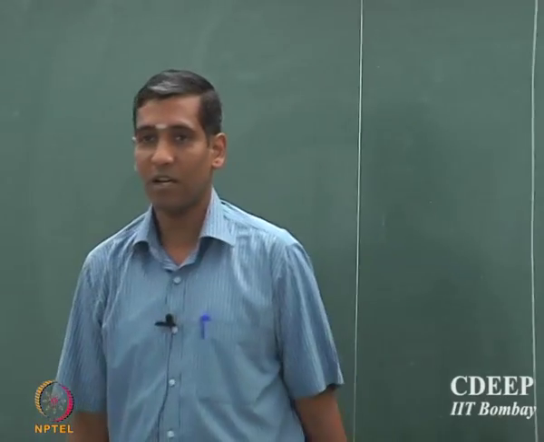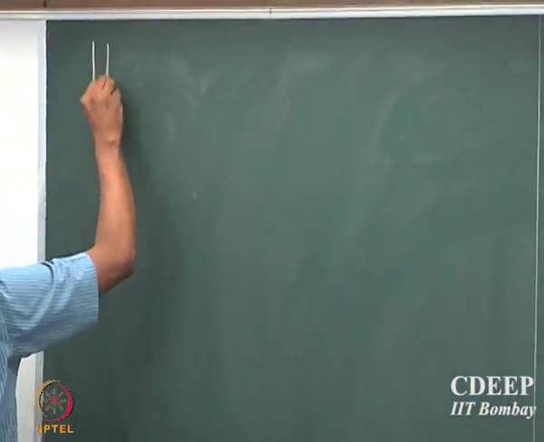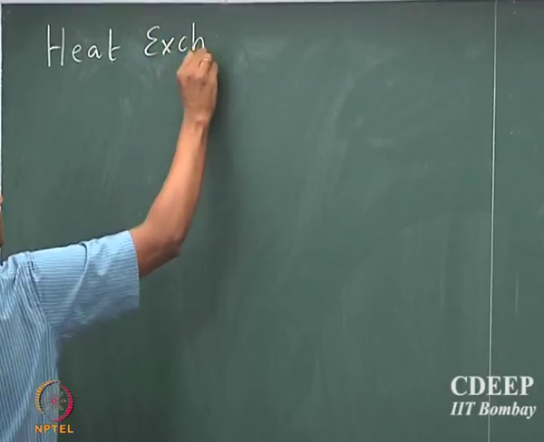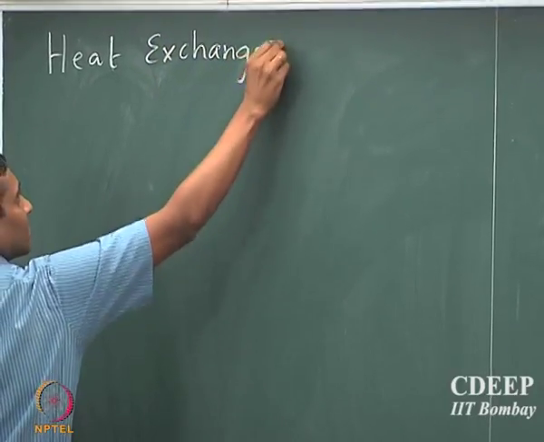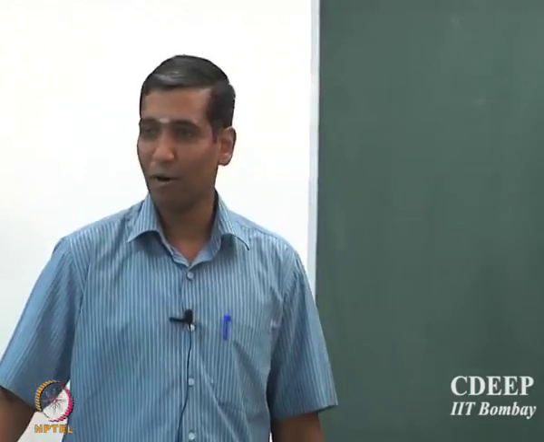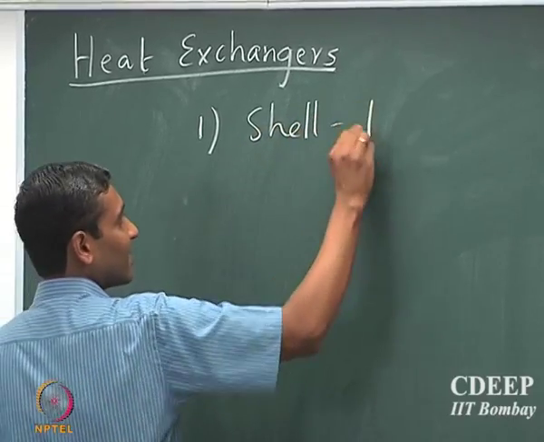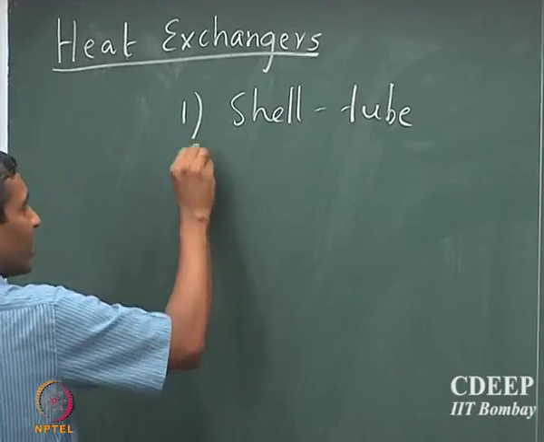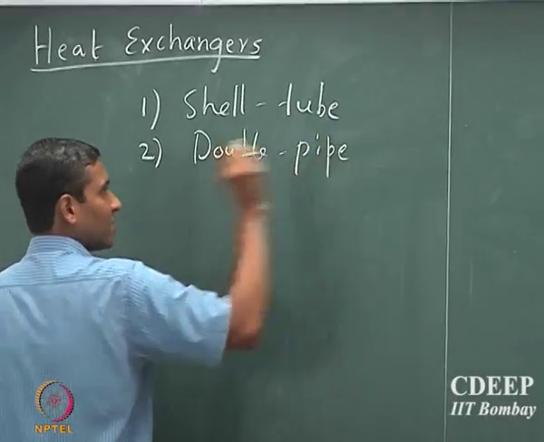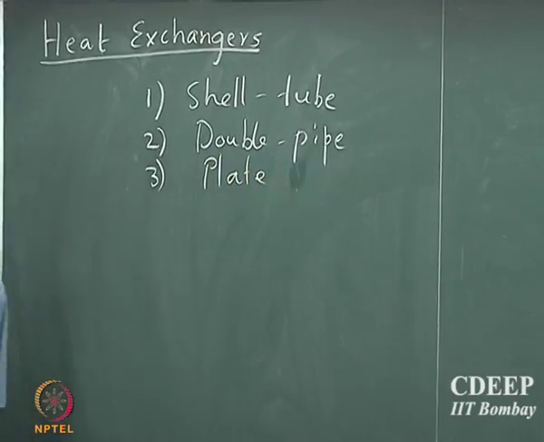So, today we are going to switch to the next topic, heat exchangers. As you have already seen, you have seen three types: shell and tube, double pipe, and plate heat exchangers.